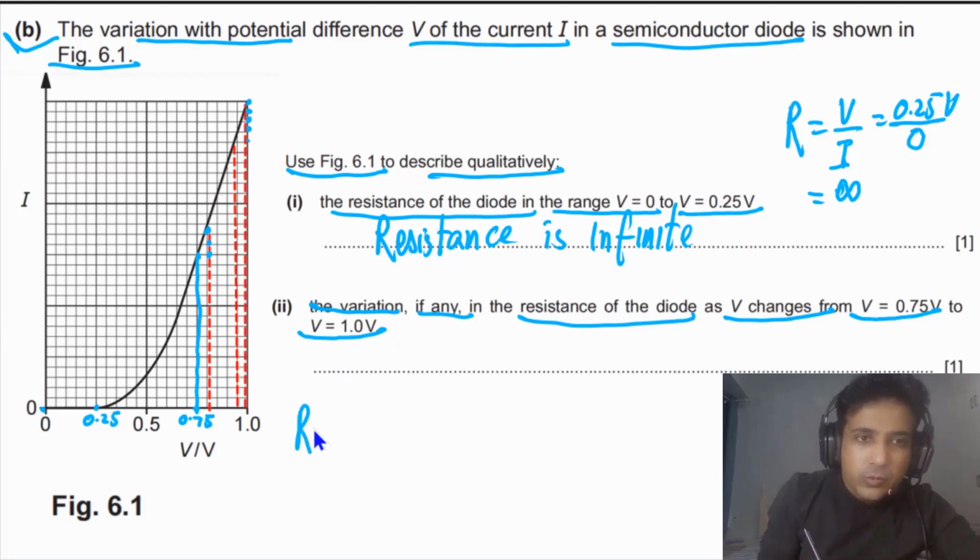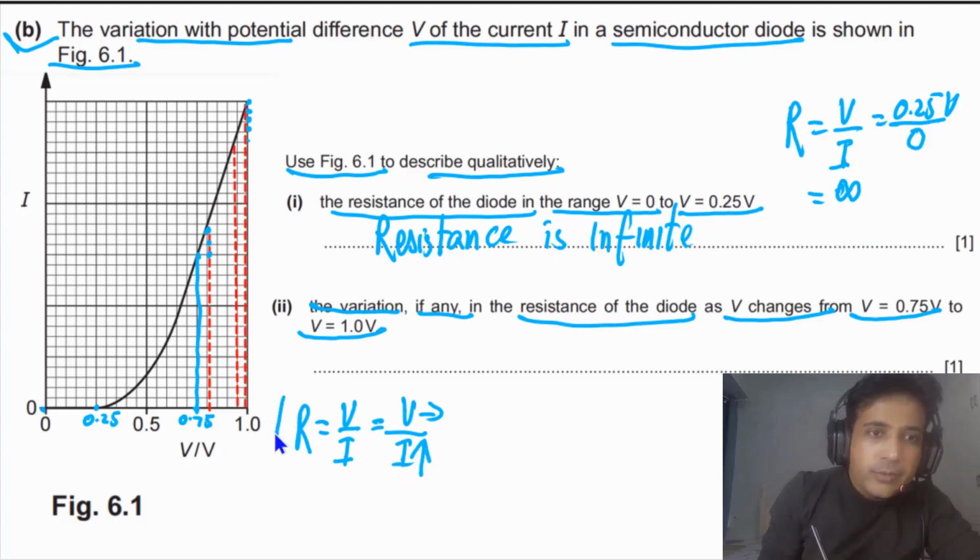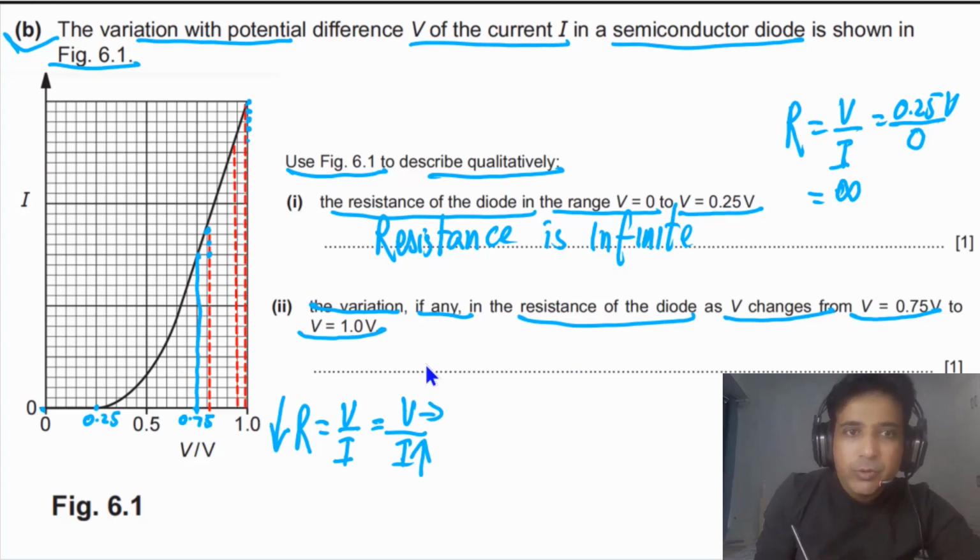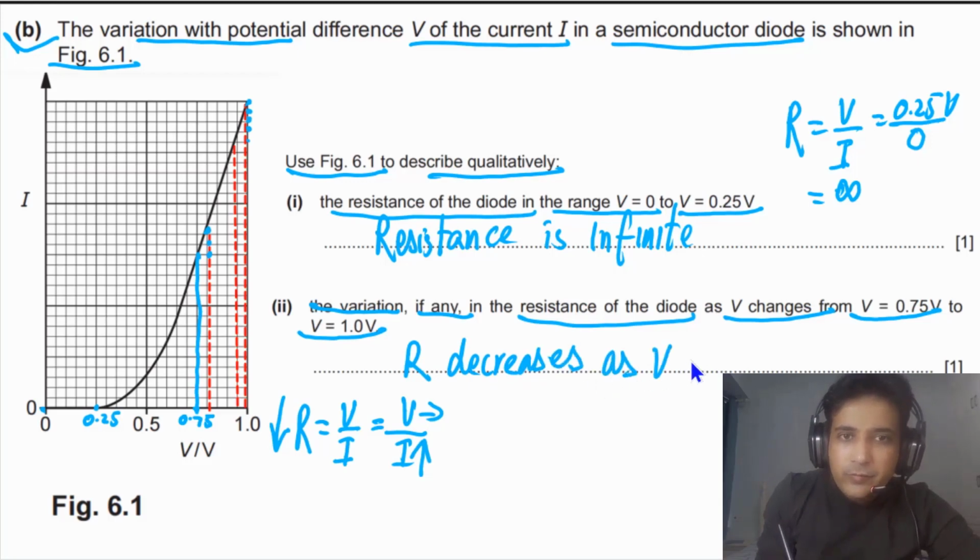R is equal to V divided by I. For the same increase in V, as I is increasing more, it means the resistance is decreasing between 0.75 and 1.0. So we can say R decreases as V increases.